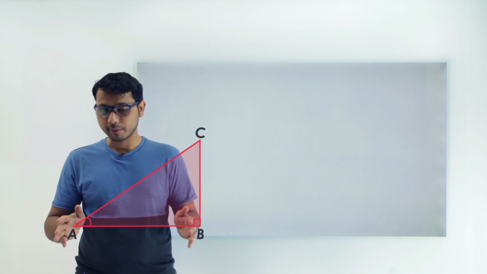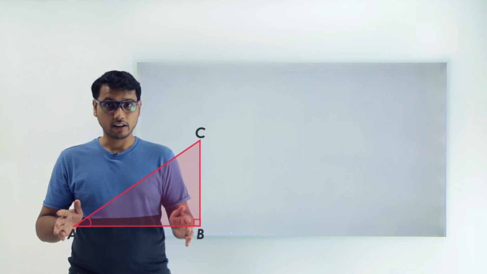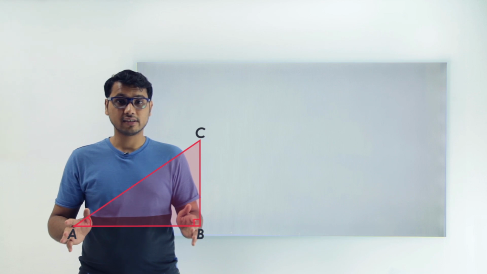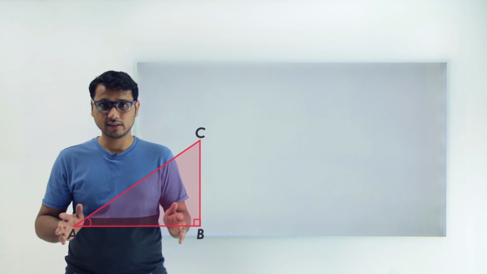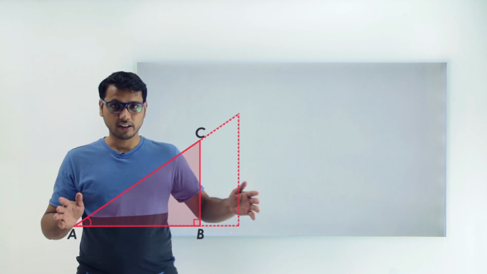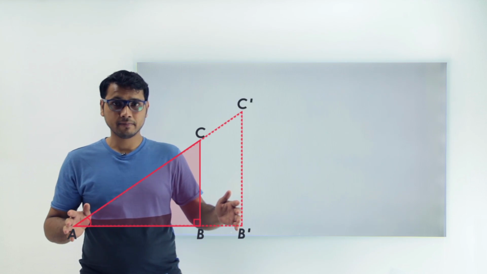So let's suppose I consider a right angle triangle ABC, and in this right angle triangle, if I fix angle A and start increasing the lengths of AB, BC and AC, let's suppose this triangle is made.